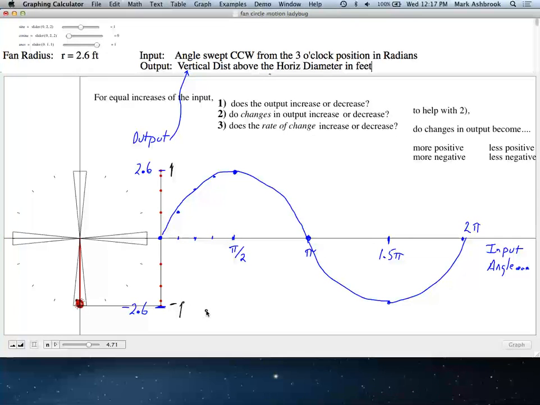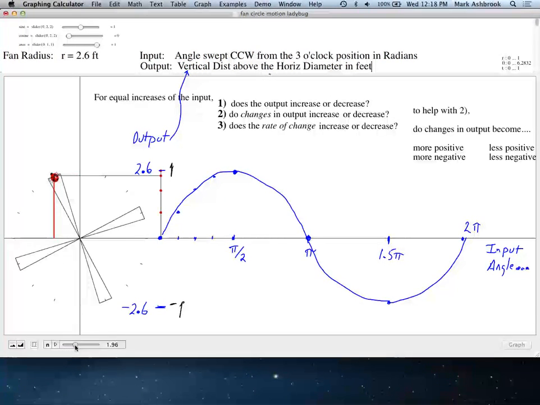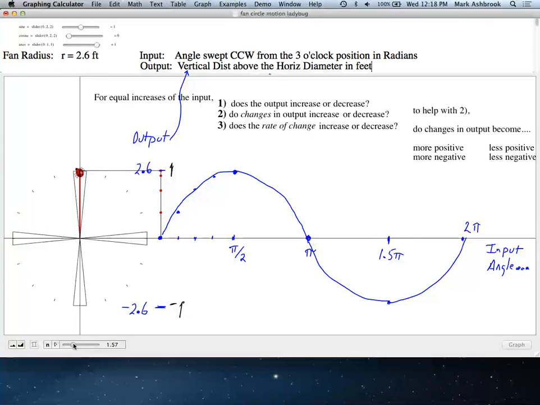Can we see this fan as having a radius of 1? Is it possible somehow to think about this fan as having a radius of 1? How can we make sense of that? So we're kind of changing it up now. Instead of looking at feet, what unit would we be looking at if we thought of this vertical distance of the bug now as 1? 1 what?